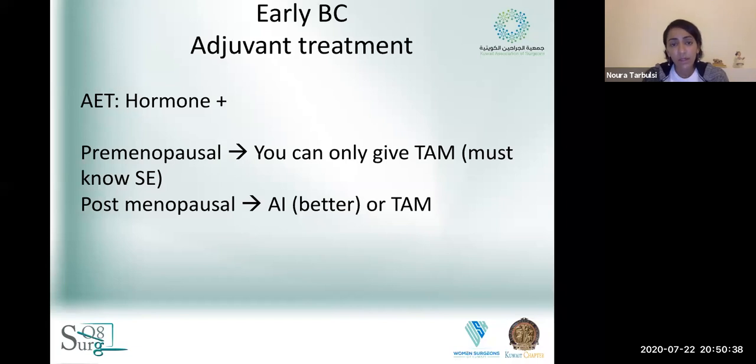The only contraindication to using aromatase inhibitor is having severe osteoporosis because it could worsen and then it could cause fractures and death. So if a postmenopausal lady has very bad osteoporosis, I would give her tamoxifen over aromatase inhibitor. Otherwise, we should offer aromatase inhibitor for any postmenopausal lady.